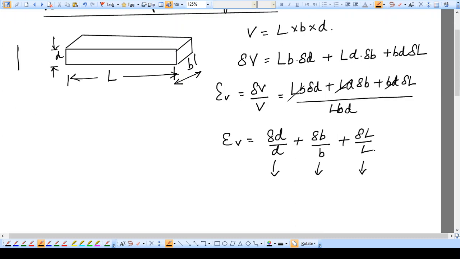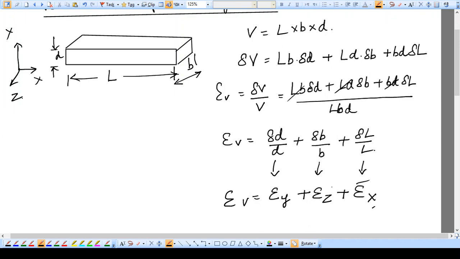If I consider the directions as X, Y and Z, then delta D by D is epsilon Y. Delta B by B is the strain in Z direction, so I can write it as epsilon Z, and delta L by L is the strain in X direction, so I can write it as epsilon X. So the volumetric strain is given by the sum of strain in X direction, strain in Z direction and strain in Y direction. So this is the equation.